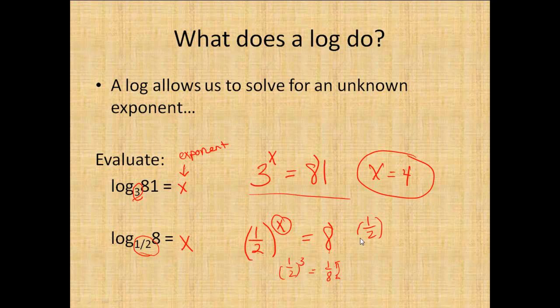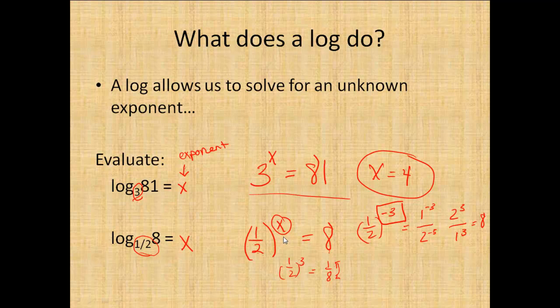Because if I did 1/2 to the negative 3, that would be 1 to the negative 3 over 2 to the negative 3. Well, with negative exponents, I have to cross the line, switch the sign, so I would have 2 to the positive 3rd over 1 to the 3rd, which gives me 8 over 1. So the answer for this one, x, would actually be equal to negative 3.